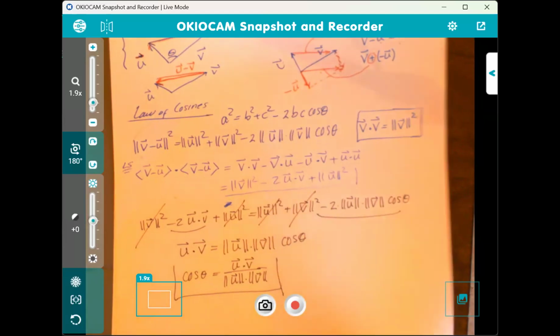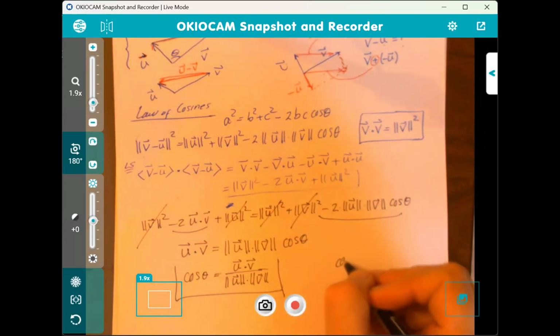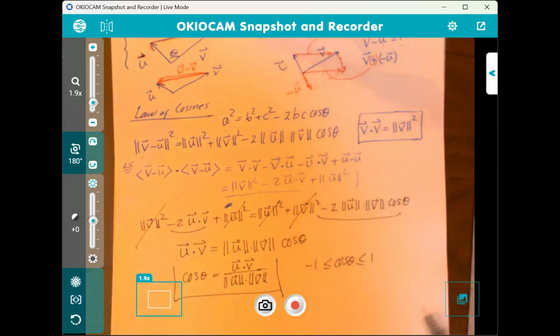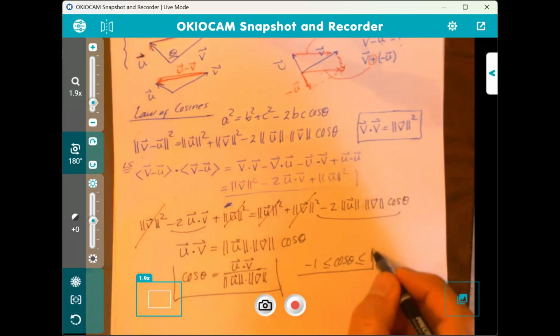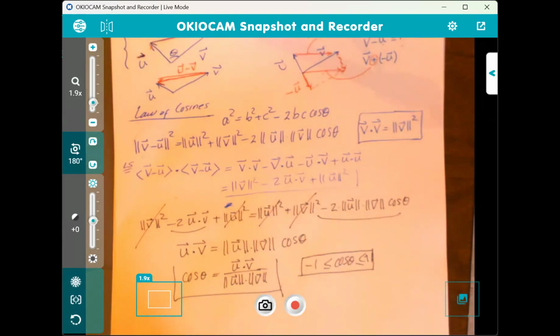Now, let's see. And you can prove, by the way, because remember, sine and cosine are range bound, right? Isn't cosine theta between -1 and 1? Agree. This is from trigonometry. Cosine and sine are range bound.